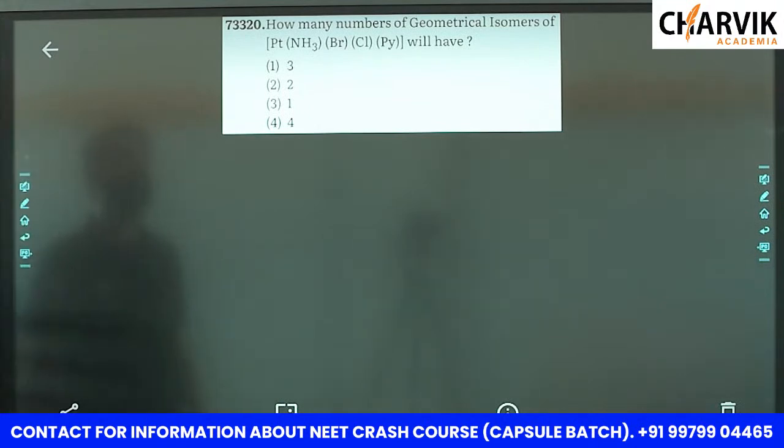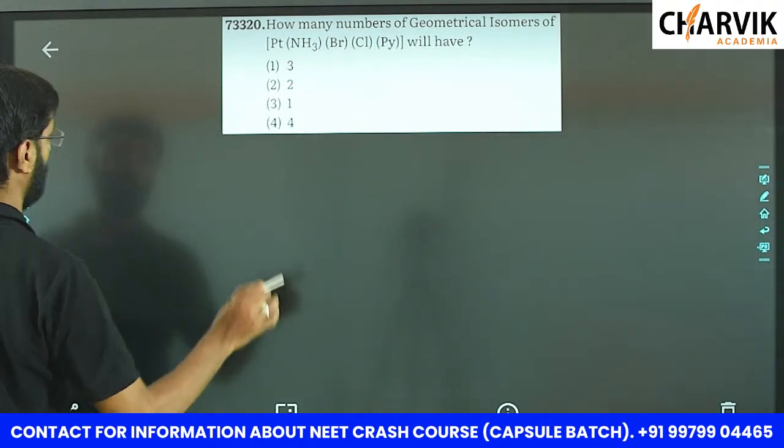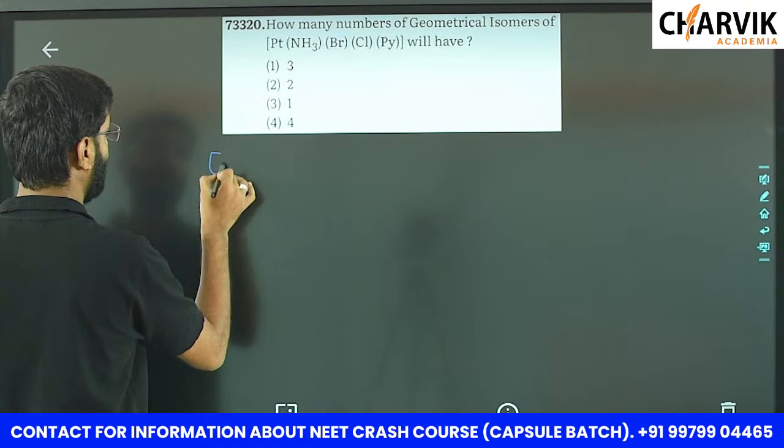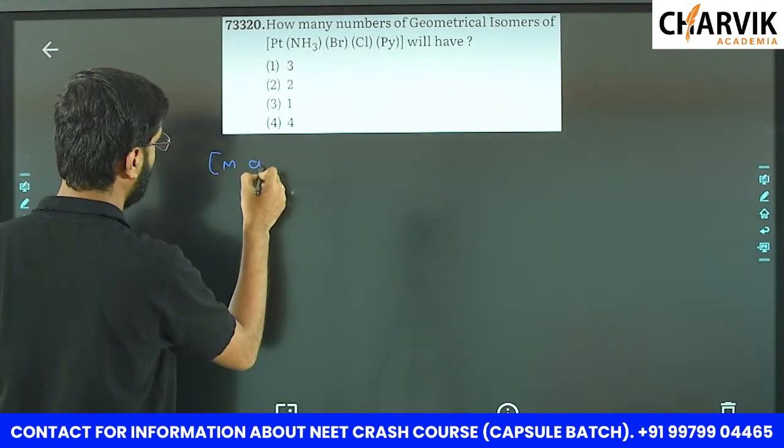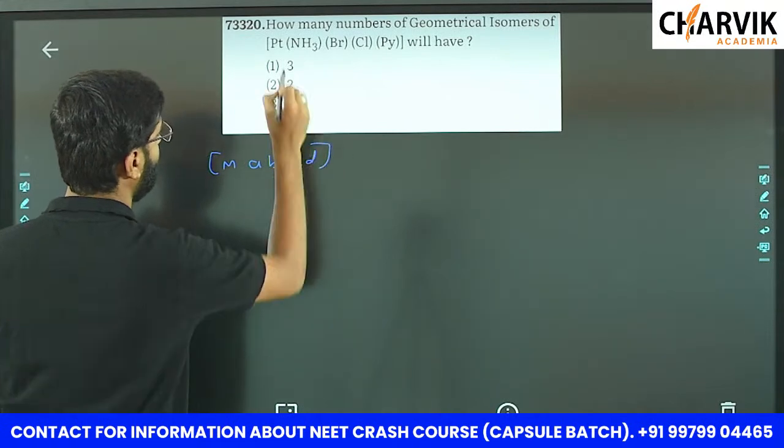How many geometrical isomers will there be? You have one complex compound, right? So you have a metal M with ligands A, B, C, D, an MABCD type compound.